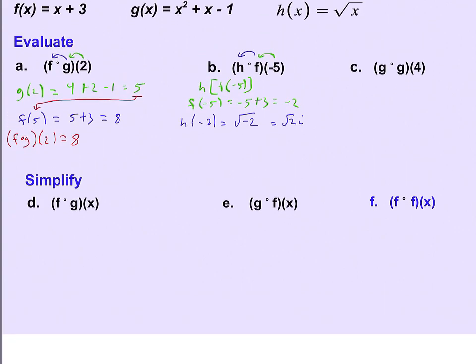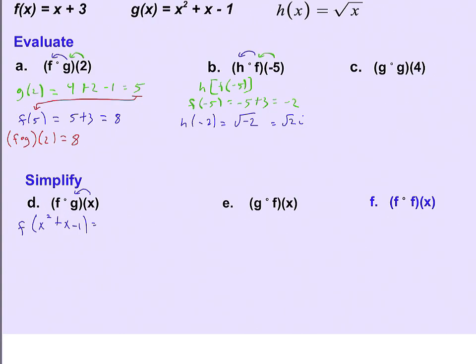So f of g of x. In this case, I have no number to plug in to g, but what I need to do is take whatever g is and plug it into f. So that would make it f of x squared plus x minus 1, because that's what g of x is.